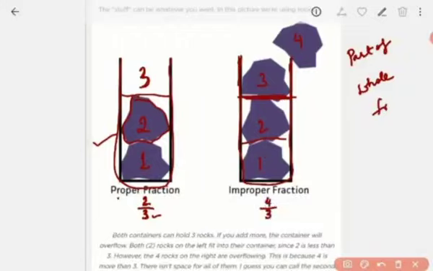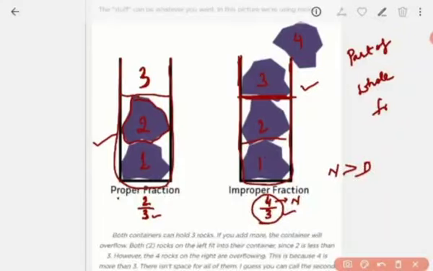So 4 by 3 will be your fraction, which is an example of an improper fraction, right? Anything becomes improper whenever you load heavy things. So the numerator is becoming heavy. That is, in an improper fraction, the numerator is always greater than the denominator. That is why this becomes an improper fraction.